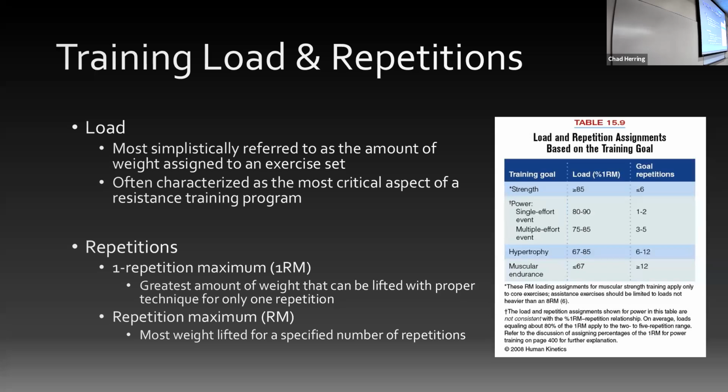But then I throw 25% of my one rep max on the bar. Am I gonna get stronger? Nope, because my intensity is off. Now, maybe if I move it fast, potentially I could work on some power, but that's a different story. I'm not getting stronger. So that's why intensity is key. Okay, so when we talk about load in terms of resistance training, that's your intensity. If I say load, it's the same thing as intensity. Okay.